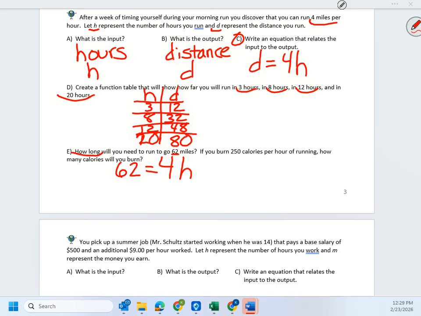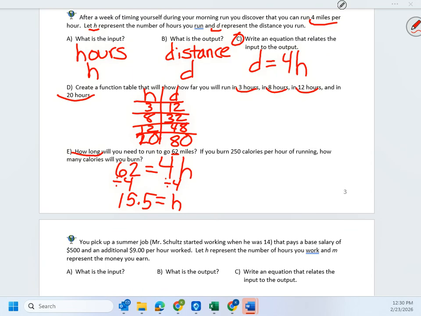If I am multiplying by 4, I know I need to divide both sides by 4, so I get my hours by itself. What is 62 divided by 4? 15.5. So to go 62 miles, it's going to take me 15 and a half hours.